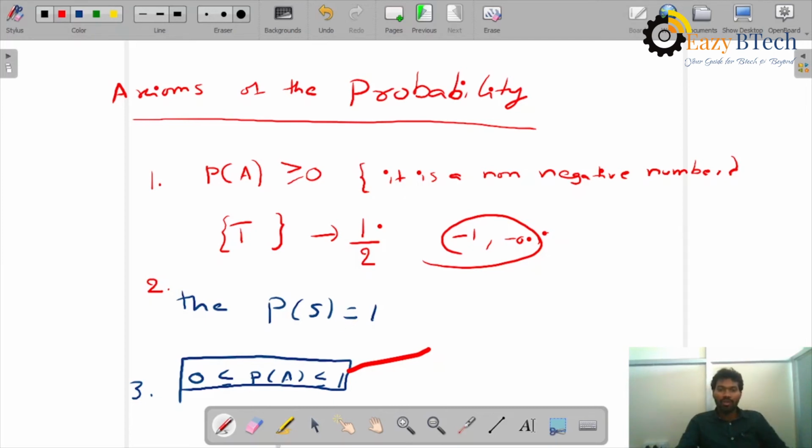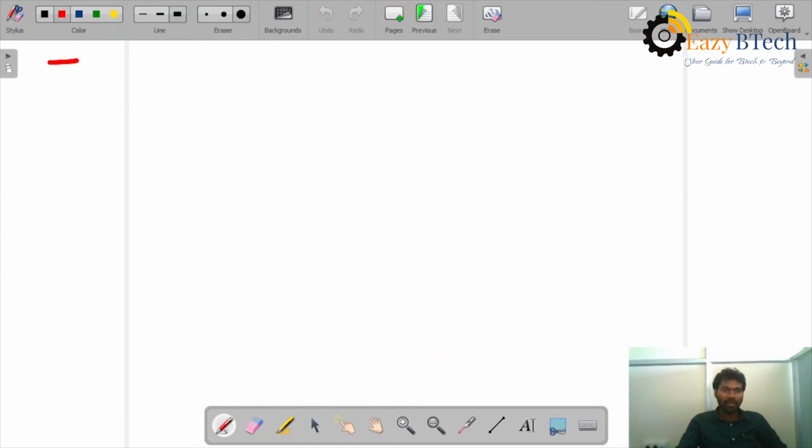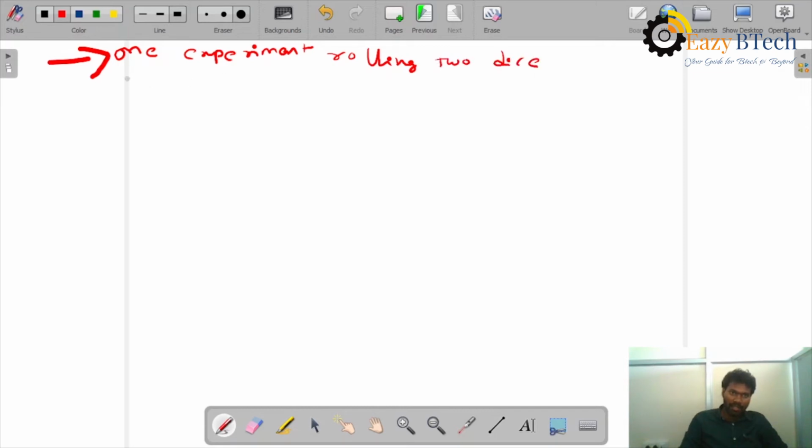So now we'll do one problem on this probability. The problem is like this. One experiment is there, consisting of rolling two dice at a time.